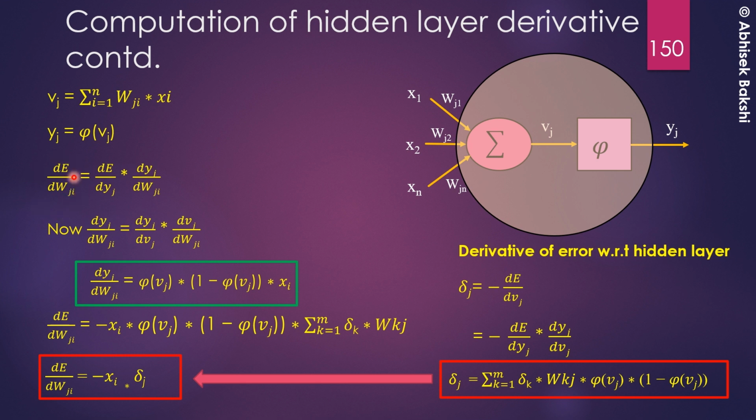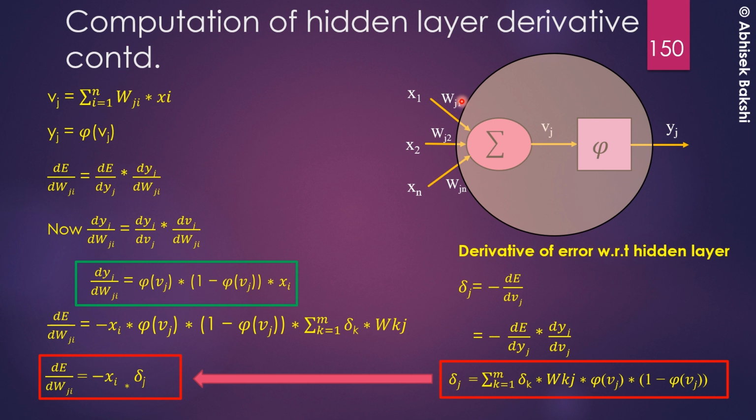If you want to do that, you cannot compute directly. You have to go through yj, because this yj is the output which is coming out because of this wji.